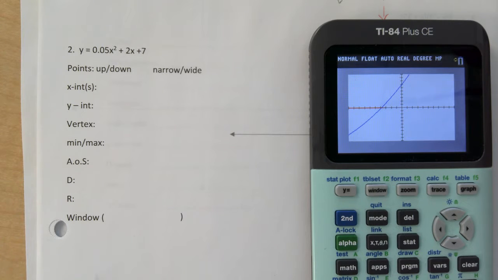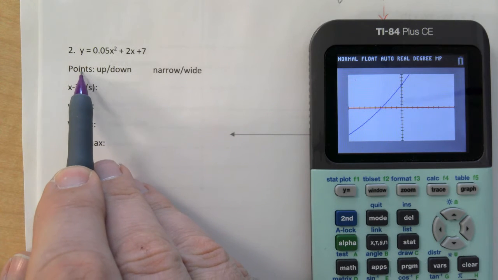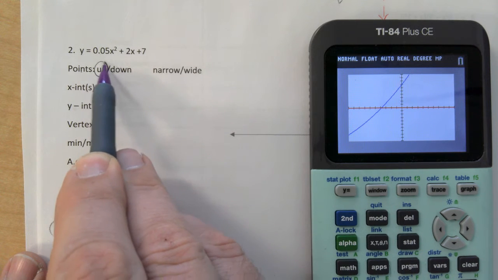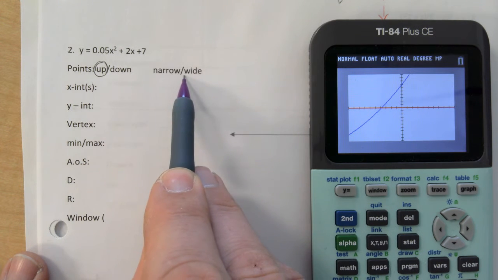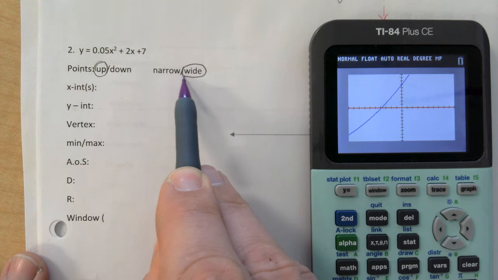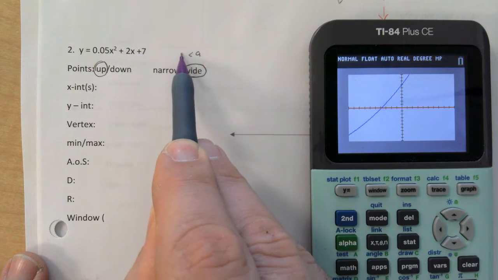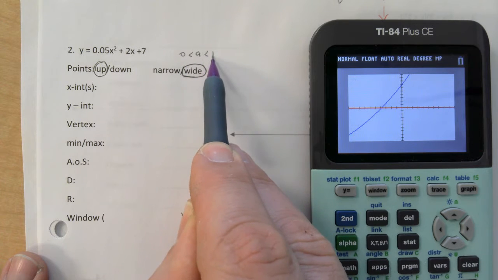Whoa, what's happening there? Right. So let's go back here. We know that this points up because it's positive, right? And we know that this is going to be a wider curve because A is between 0 and 1.